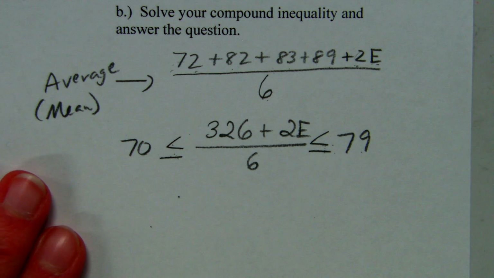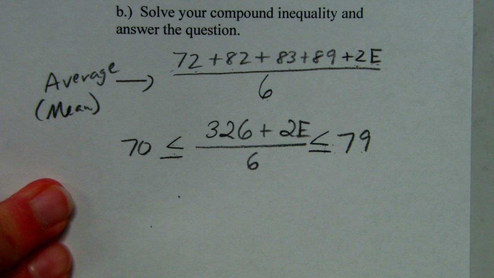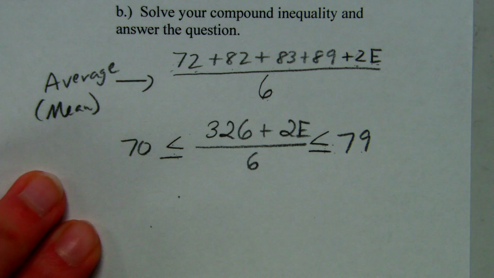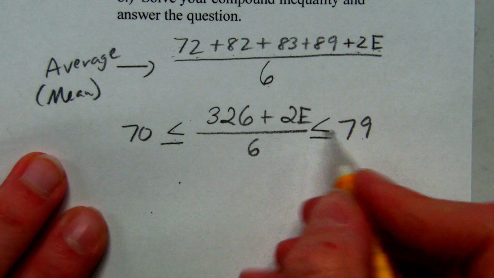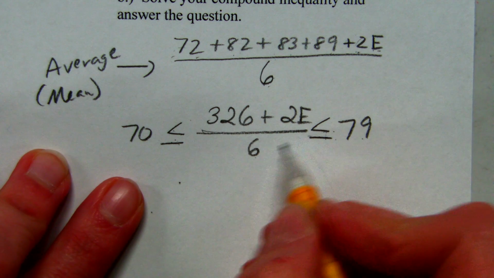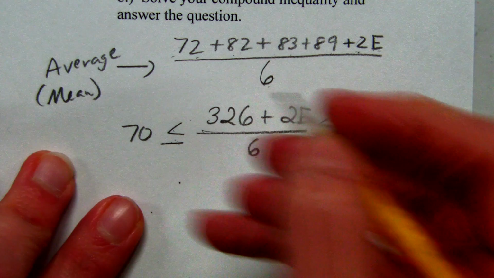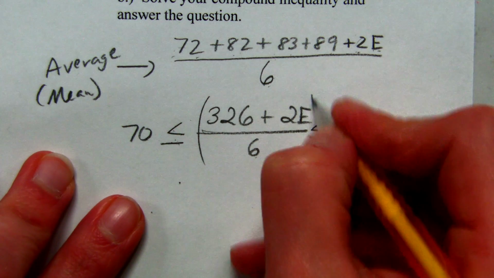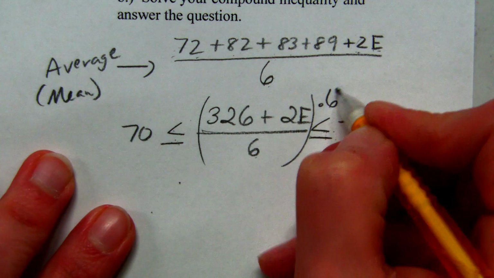It looks really scary. What we're going to do to solve it is multiply everything by 6 to get rid of this fraction, because this is divided by 6. To get rid of divide by 6, we're going to multiply all of this in here times 6, and that cancels that out.